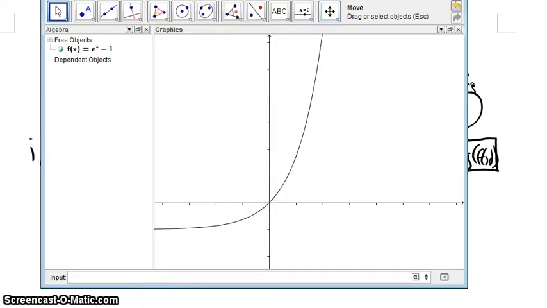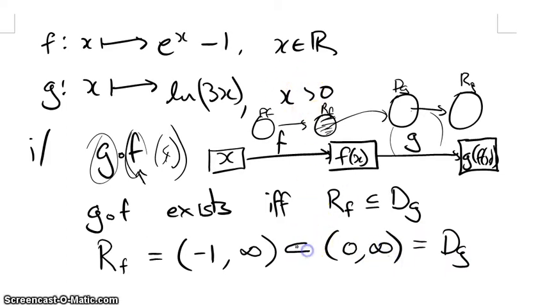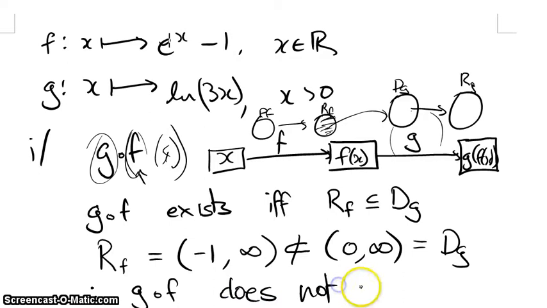You can see obviously this is just going up and up. What about the domain of g? Well, the domain of g, we're told, is numbers bigger than 0. So in this case, the range of f is not a subset of the domain of g. Therefore, g compose f does not exist.